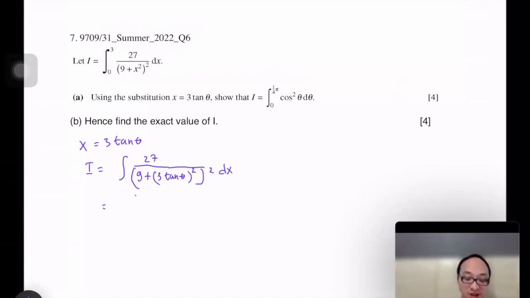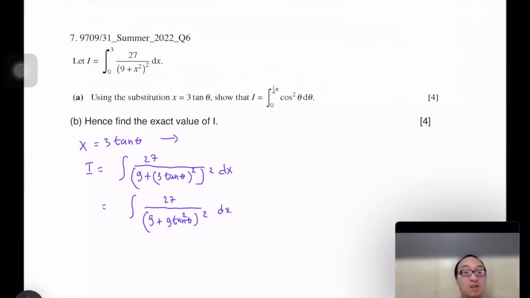So what can we have? Integral of 27 over 9 plus 9 tangent square theta, squared, dx. Now, we cannot have dx and theta at the same time, so we have to find the conversion of dx to d theta.